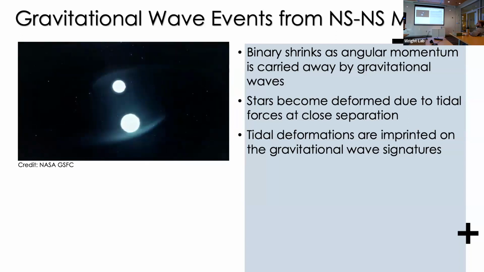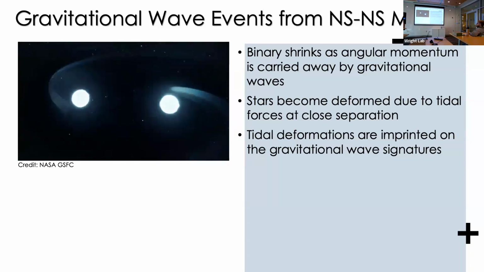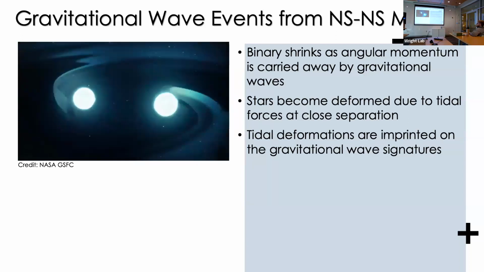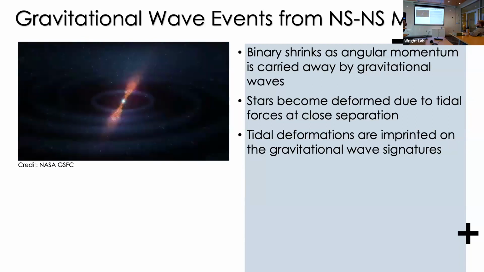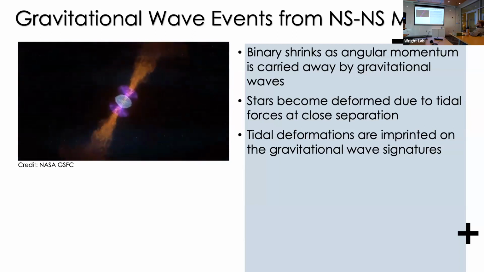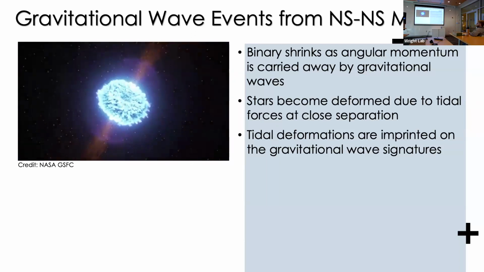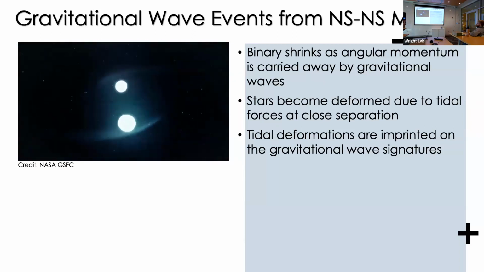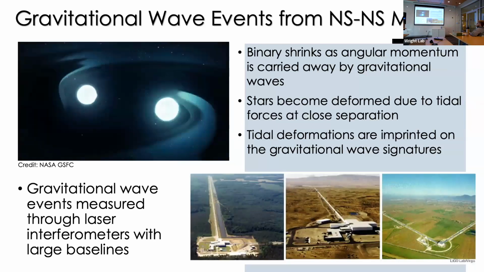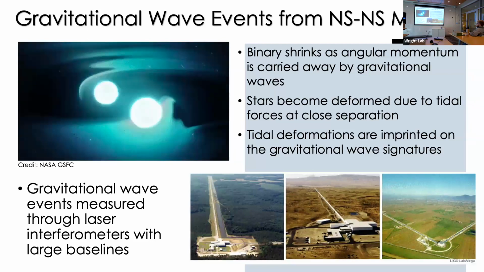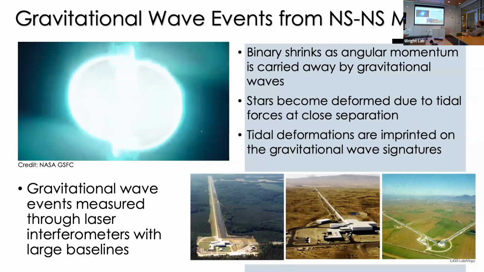Near the end stages, your stars are going to become tidally deformed due to the gravitational pull of each star on the opposite star. And these tidal deformations at the end stages are then imprinted onto the gravitational wave signals that are then observed through different large baseline interferometers, such as LIGO, Virgo, and KAGRA.